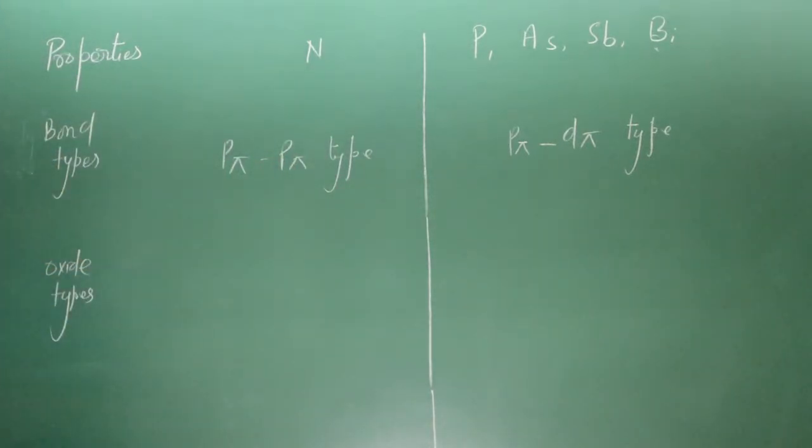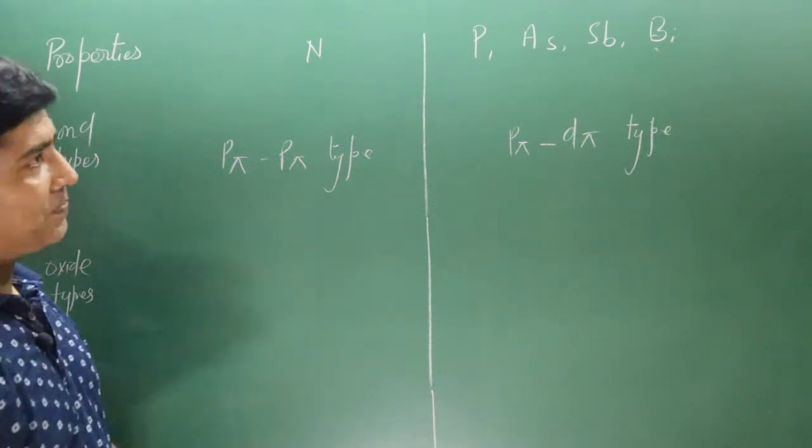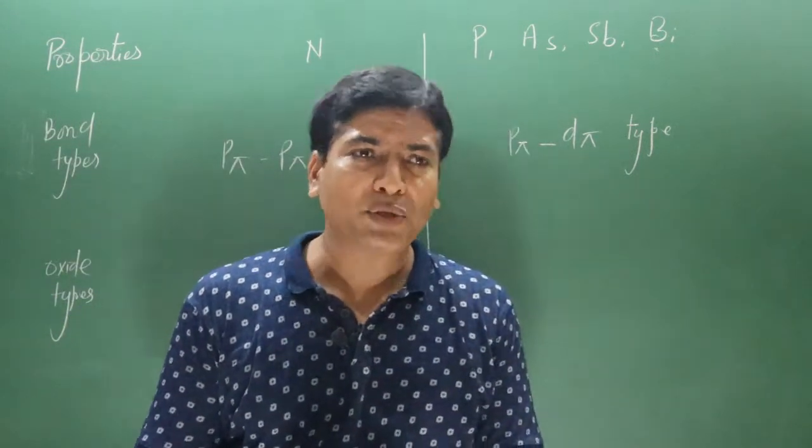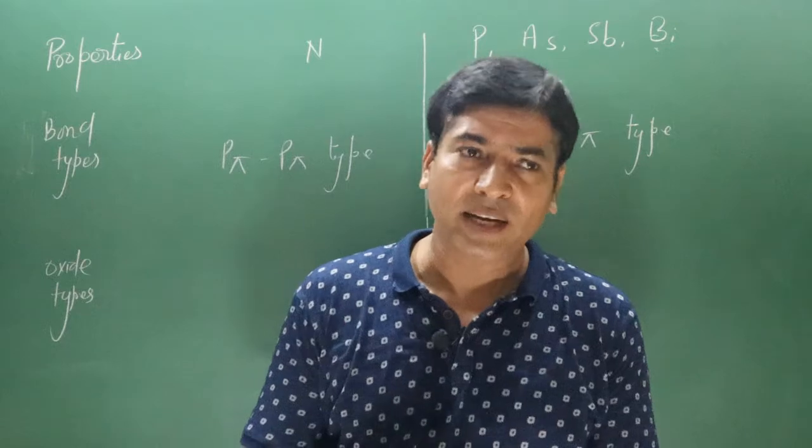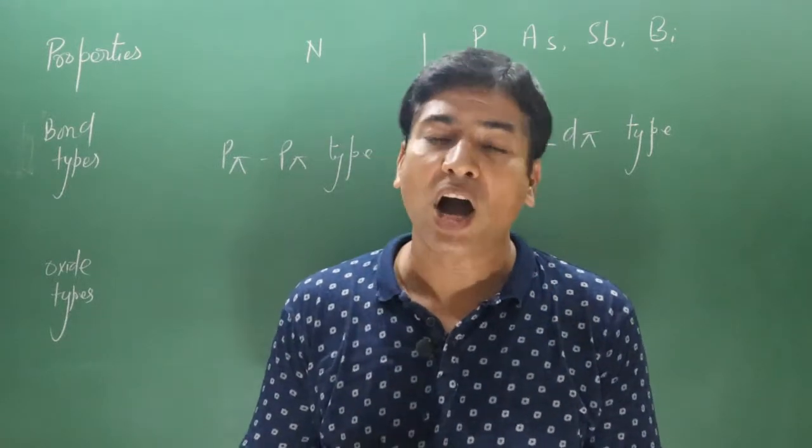Now we have the type of oxides. Nitrogen shows anomalous properties compared to the rest of the elements, so it will show different types of oxides also.